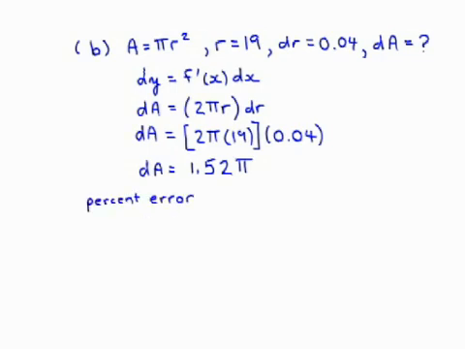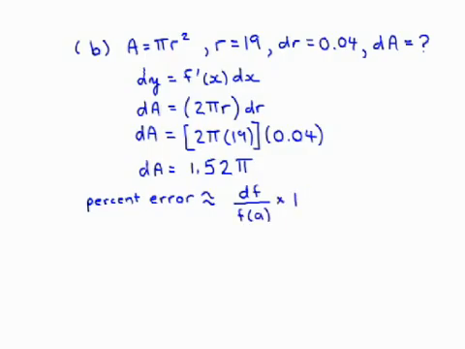Percent error, as defined in your textbook when you use differentials, is approximately equal to df divided by f of A times 100. So when we use the variables that are used in this question, we would say that our percent error is dA divided by A times 100. We have dA already. It's 1.52 pi.